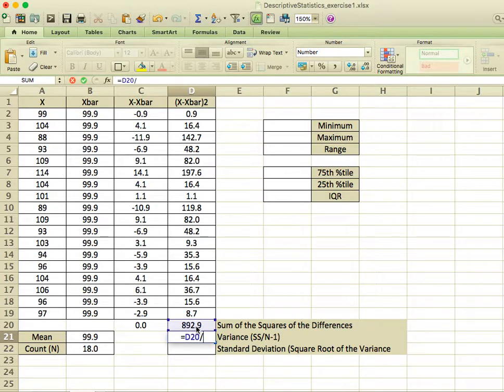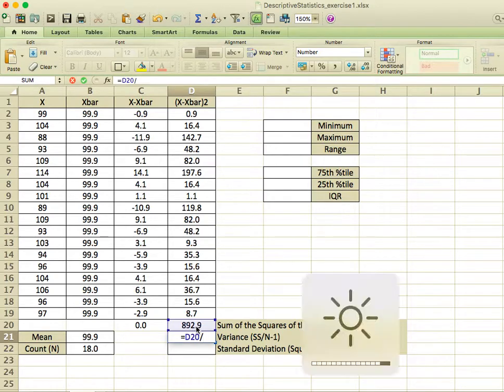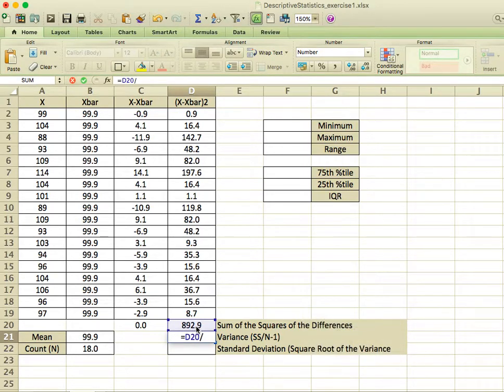Instead of using 18, we use 18 minus 1, 17. Okay, so I'm going to put 17 in there, divide by 17, and I get an average sum of squares, which is 52.5. We have a special term for that in statistics. We call that the variance.